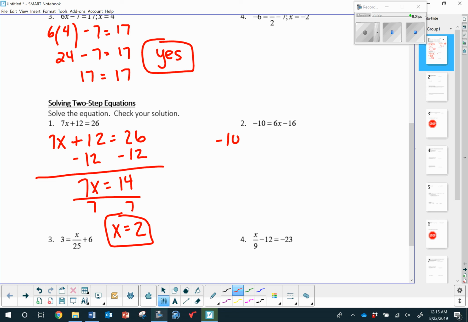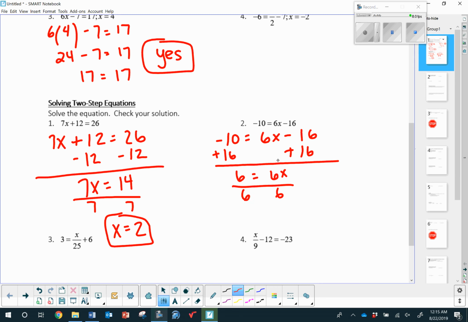So we have negative 10 equals 6x minus 16. I'm going to get that x by itself by adding 16 to both sides. This one leaves me 6 equals 6x. That's a one-step equation now.